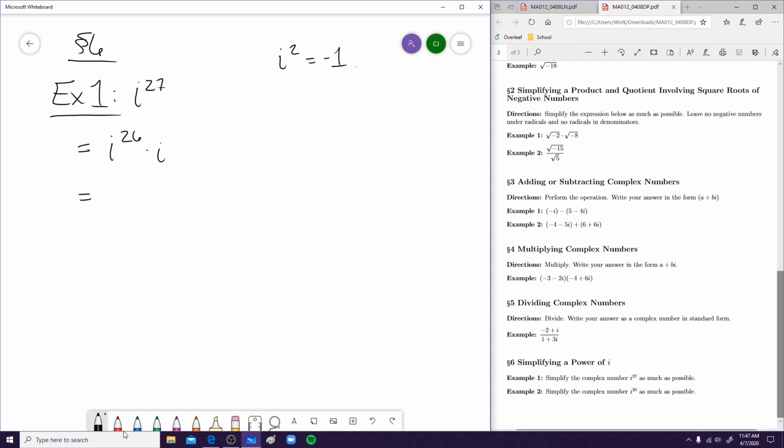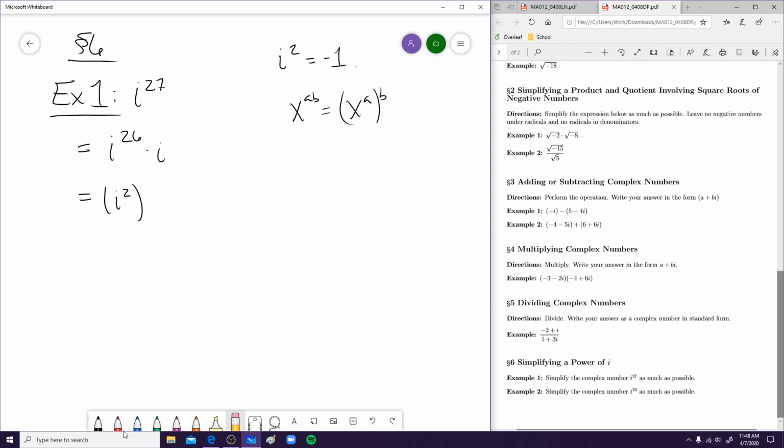Okay, so now let's look at this i to the 26th. We know that i squared is -1, right? So we want to rewrite this so I can have an i squared over here. So what do we know about the power to a power rule? We know that if we have x to the A to the B, this is equal to x to the AB.